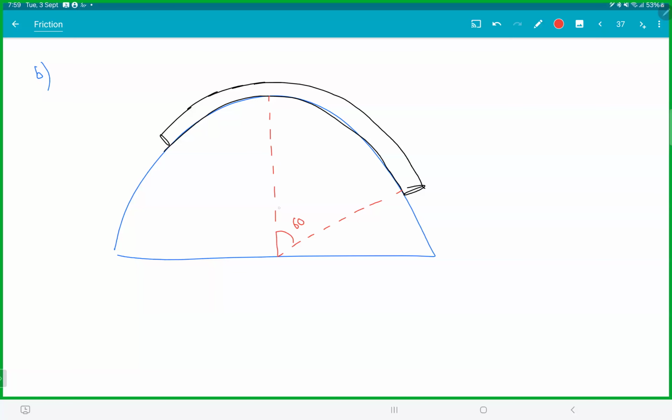This angle is 60. This angle is 30. The rope is about to slip on this circular track. Find mu.